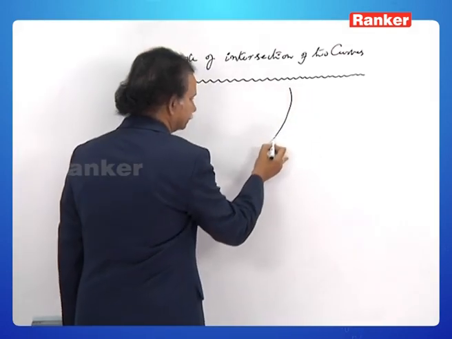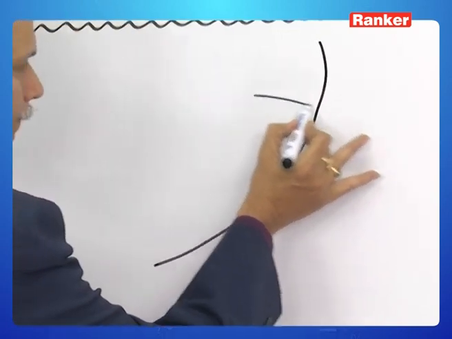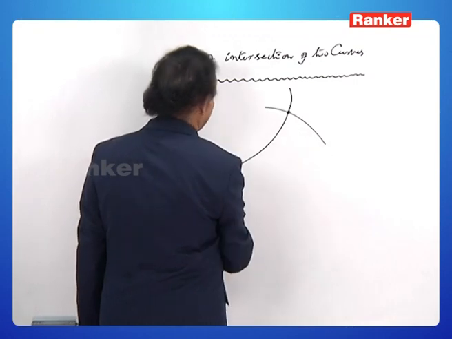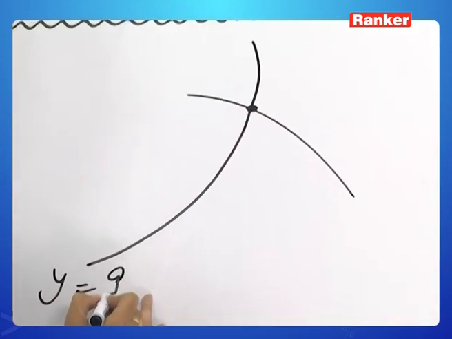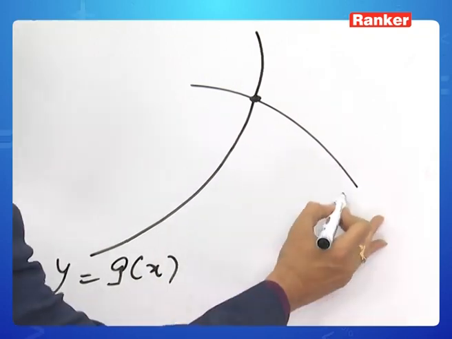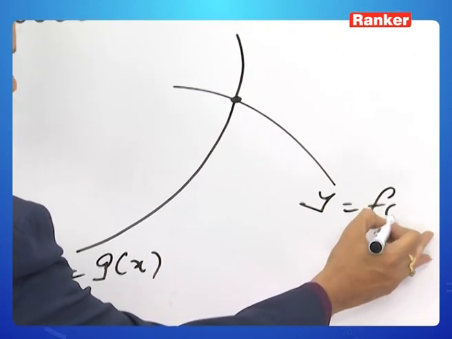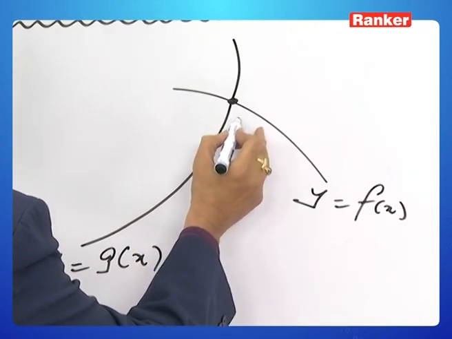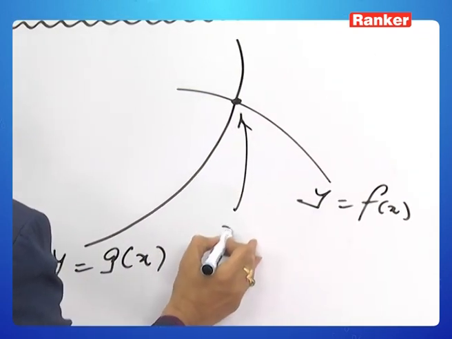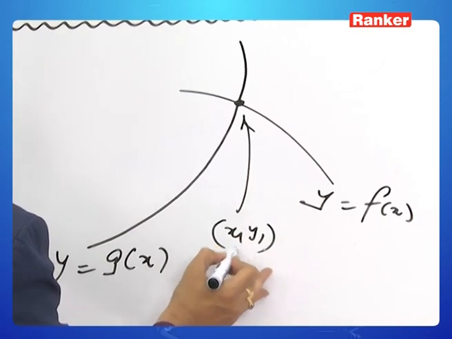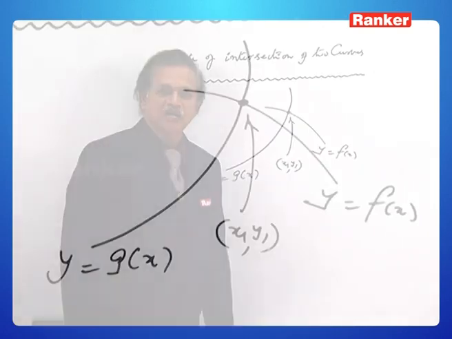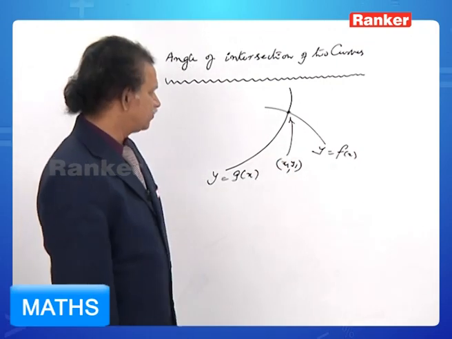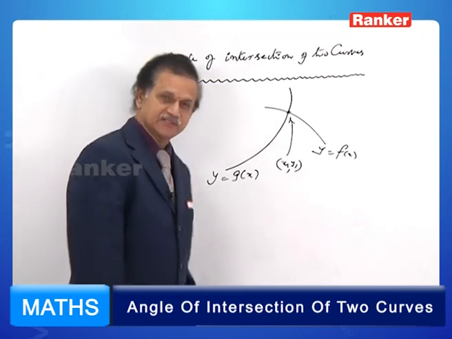Suppose, observe the diagram. There are two curves given, y is equal to f of x and y is equal to g of x.